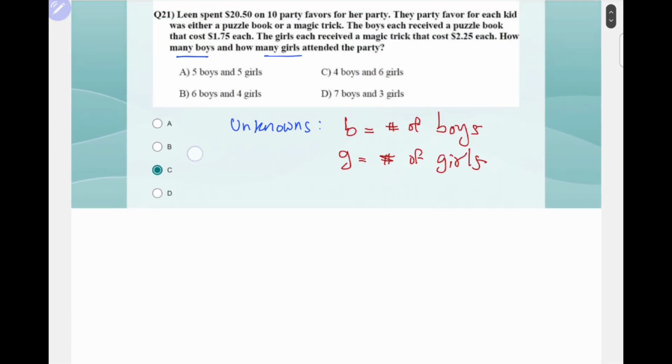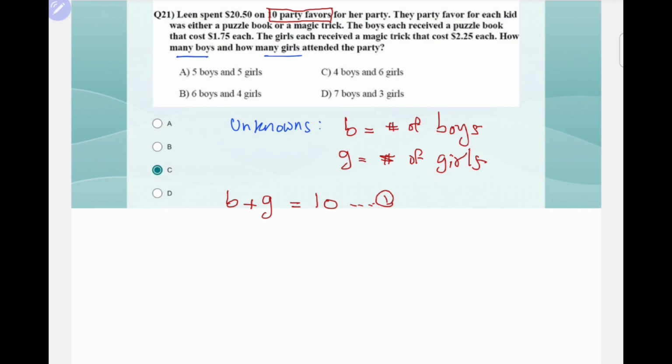In this case, we know that all the 10 party favors were distributed. This means that B plus G, and since each person, boy or girl, received one party favor, we know that B plus G is equal to 10. So this is basically the first equation.